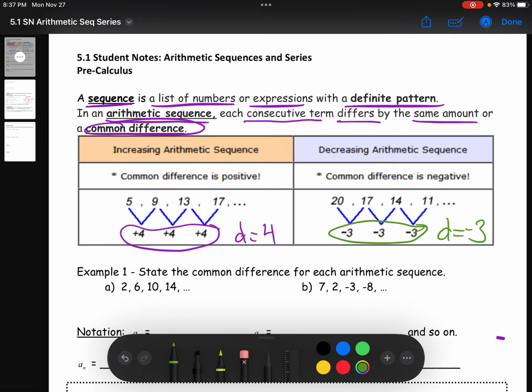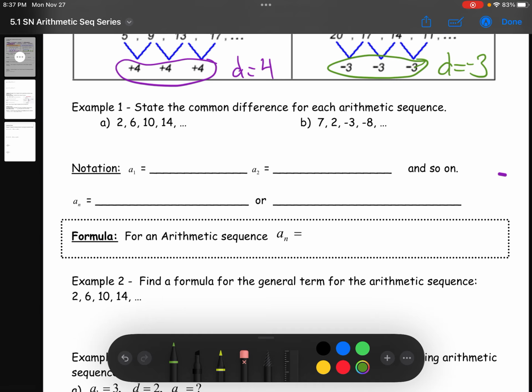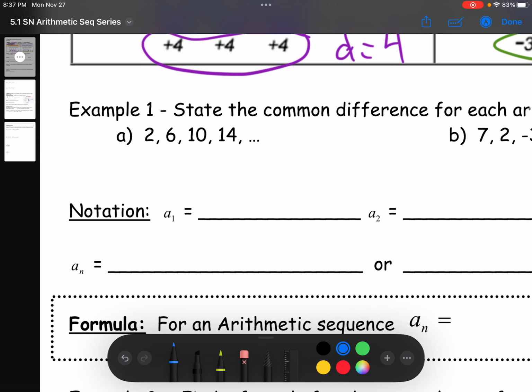Now, if we look at example 1, we are going to talk about finding the common difference for each of these arithmetic sequences. If we look at A, 2, 6, 10, 14, each term is 4 more than the previous term. So that common difference is 4.